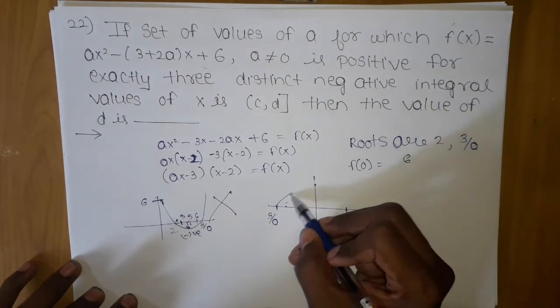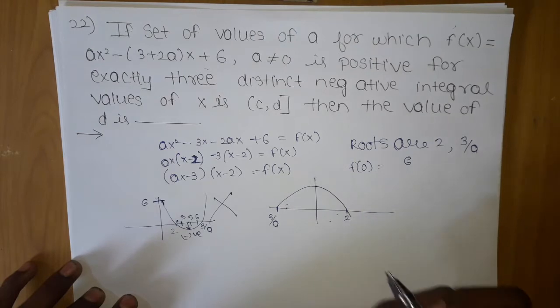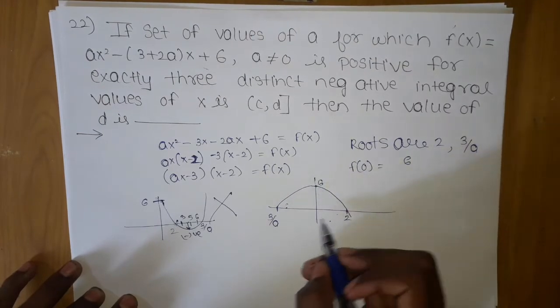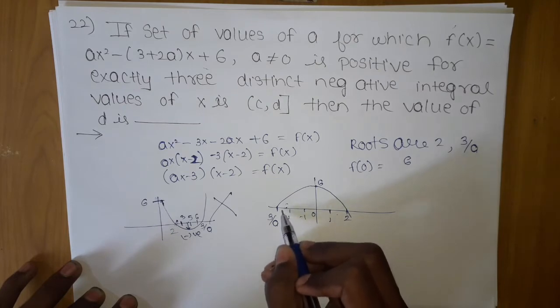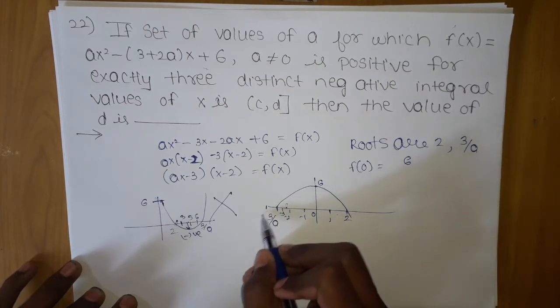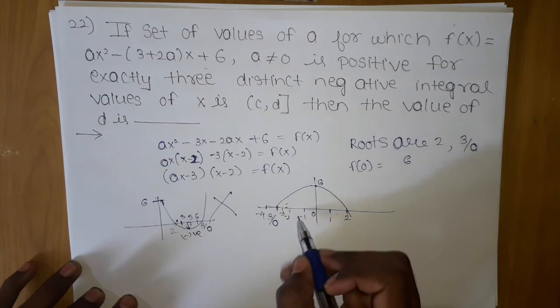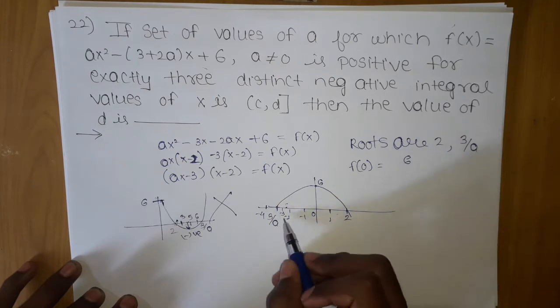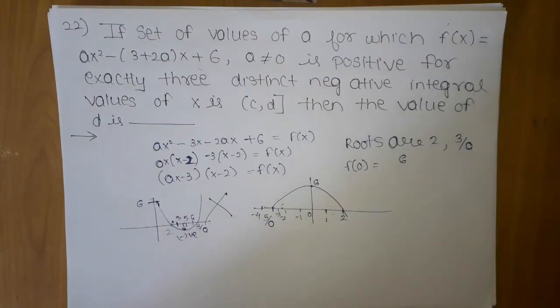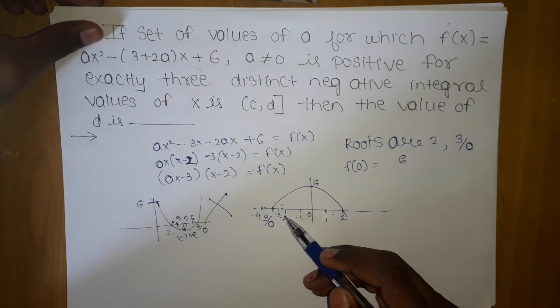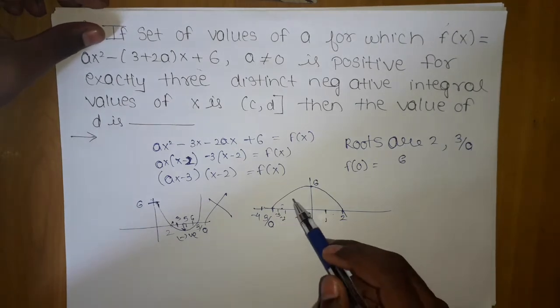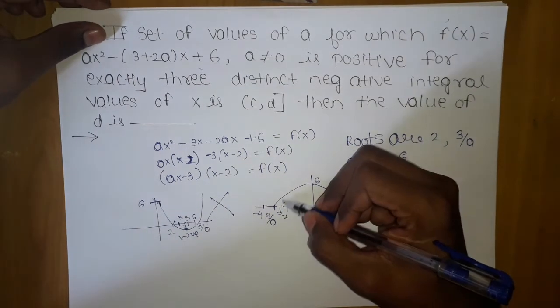If I move this like this, this is 6, there will be 1, 0, here will be minus 1, minus 2 and minus 3, and after this minus 4. Now here it satisfies the condition that we are getting 3 negative distinct values; we are getting positive values.